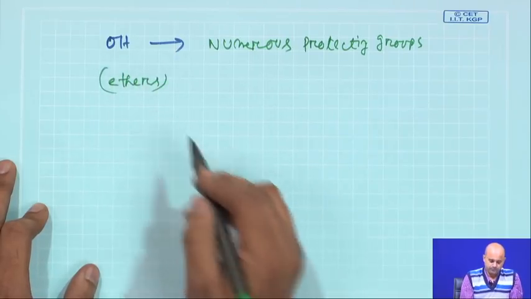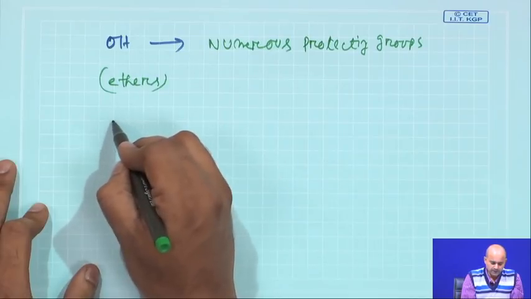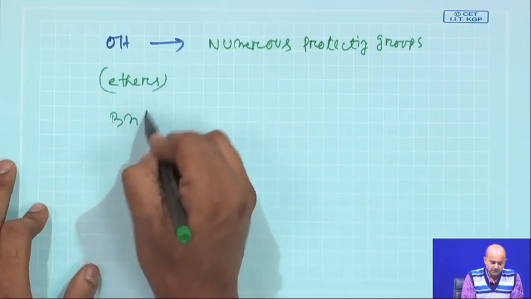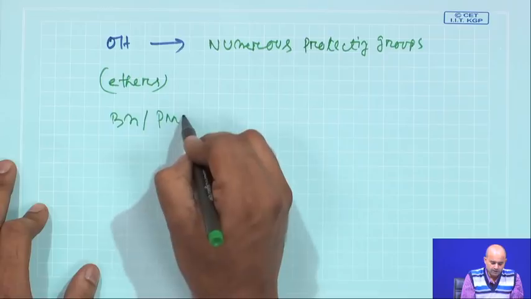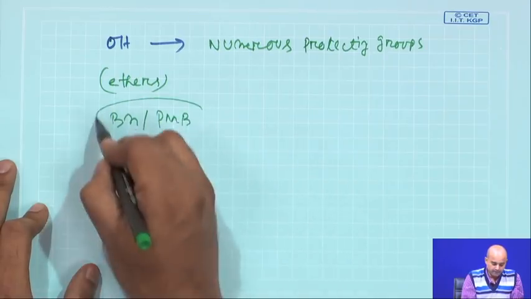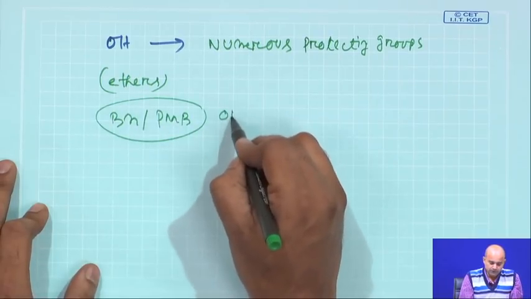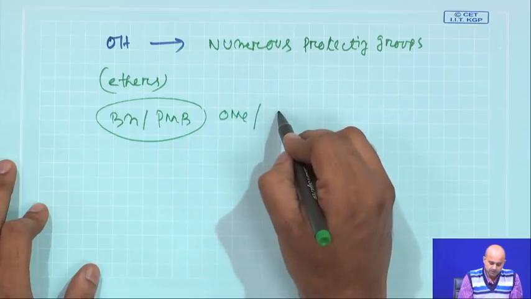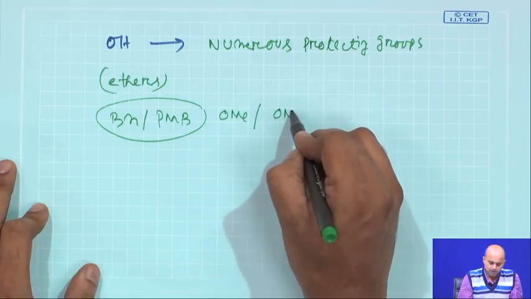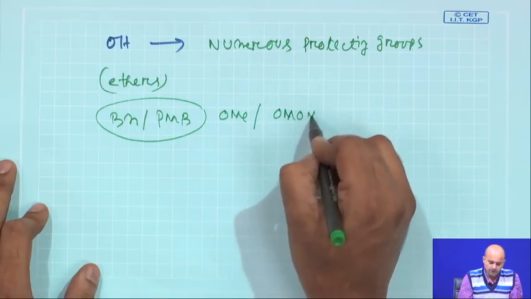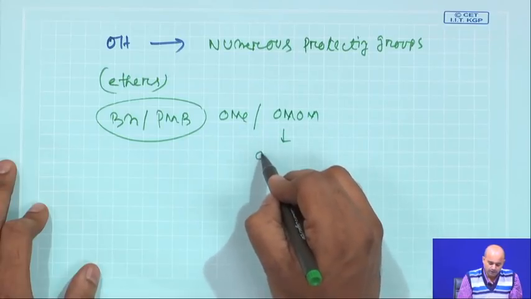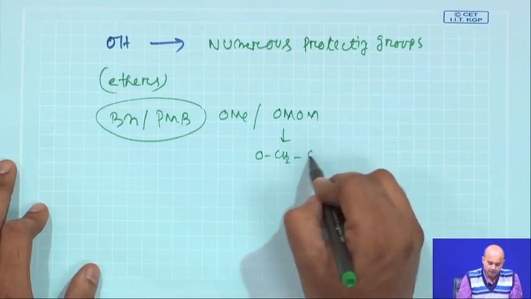You will find ethers like benzyl ether, PMB ether, the most widely known, and simple ethers like methoxy methyl ether, called MOM ether. MOM is methoxy methyl chloride, OCH2OMe.